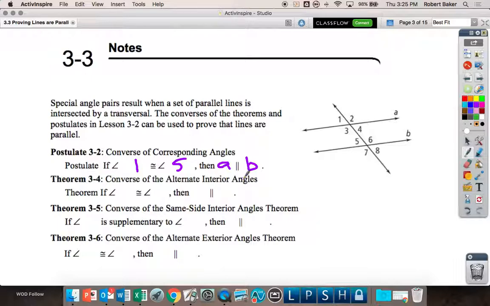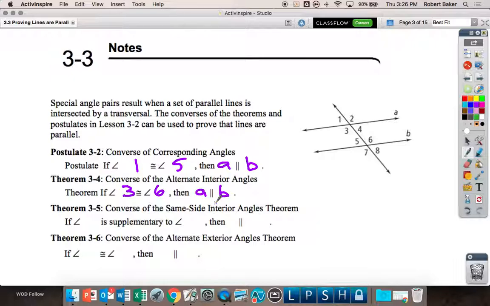Now I need you to identify a pair of alternate interior angles. If 3 and 6 are congruent, you can conclude that A is parallel to B. I'm giving you tools to determine if lines are parallel or not.